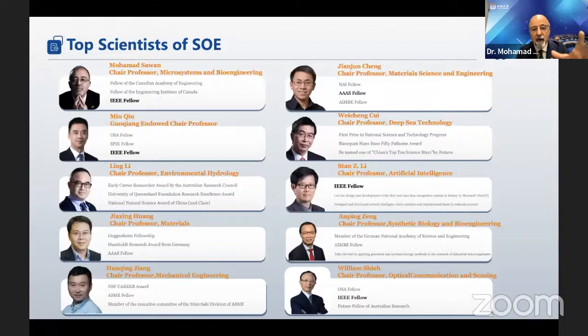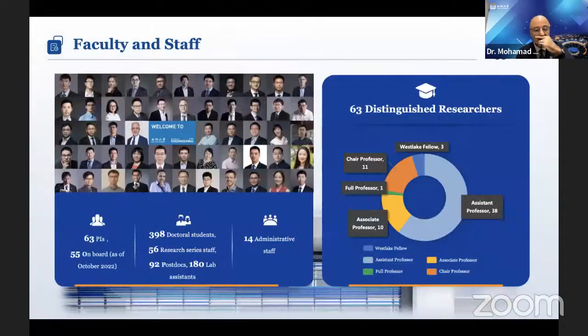The others are from mechanical engineering, computer science, and so on. All these 10 names are very strong international-level stars. Then the school has so far 63 professors, or what we call principal investigators, or PIs.